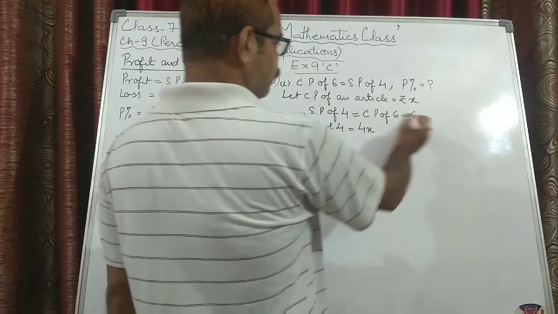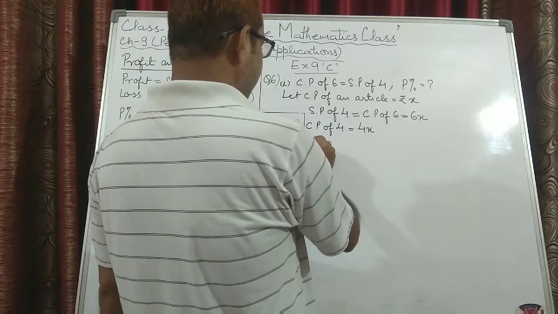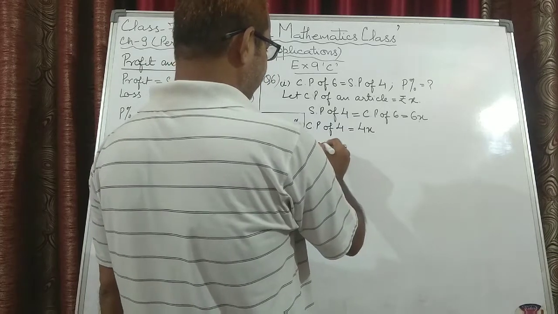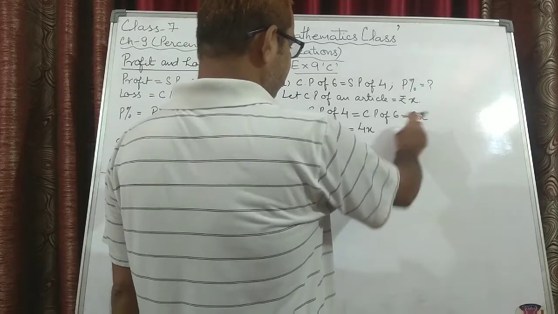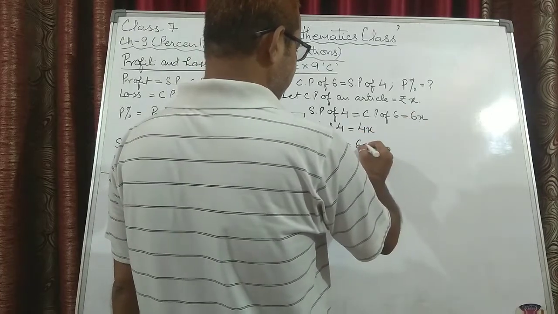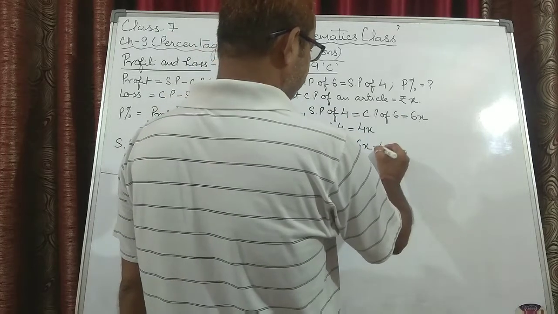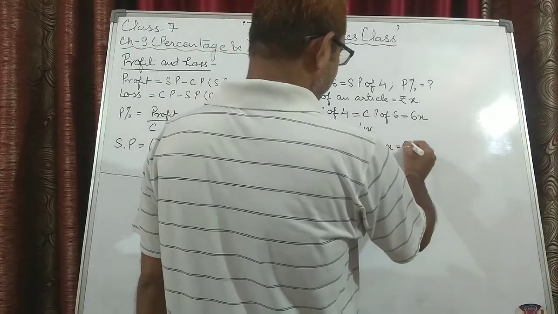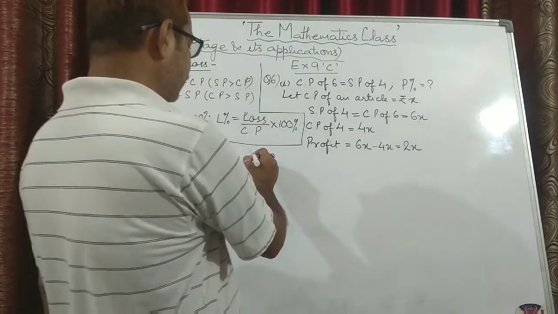So the selling price of 4 articles is 6X, and the cost price of 4 articles is 4X. It means there is a profit. Profit is selling price minus cost price, so 6X minus 4X comes to 2X. This is the profit.